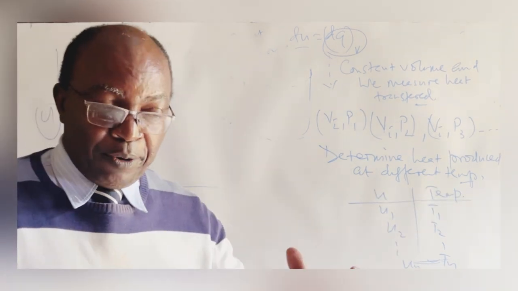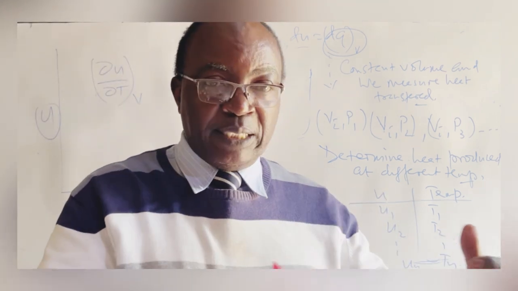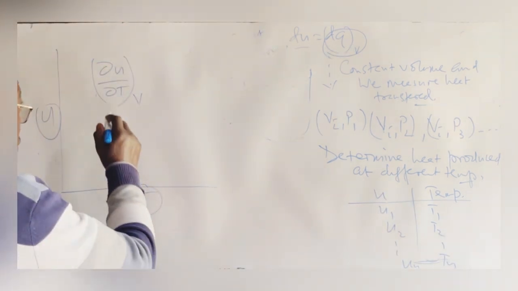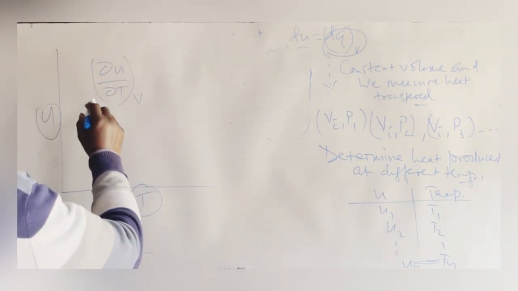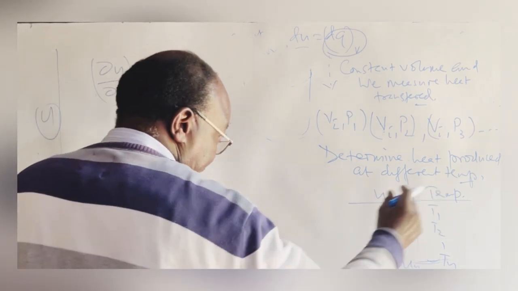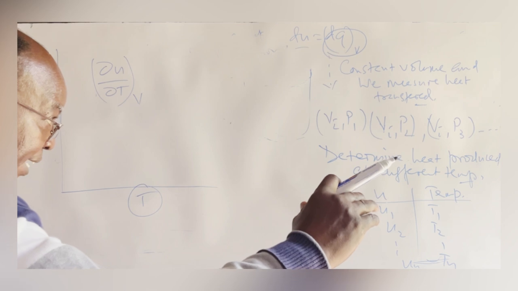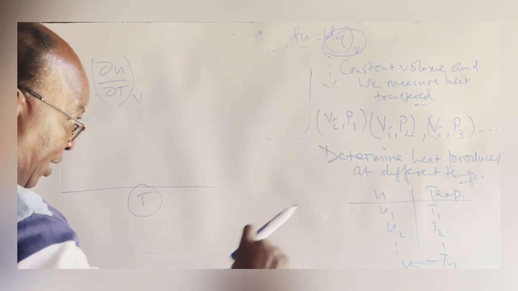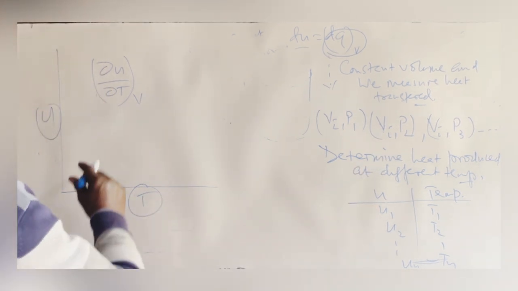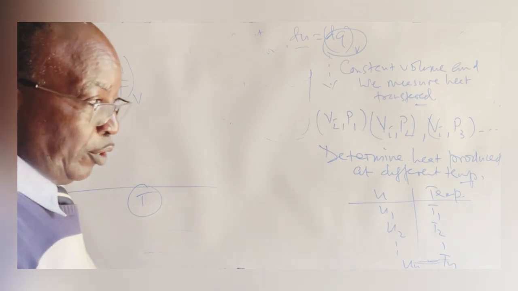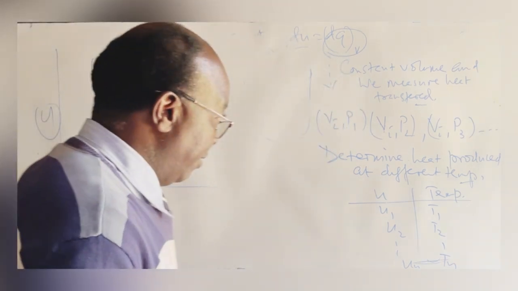Compute how that internal energy varies with temperature from the slopes, U at temperature 1 versus U at temperature 2, how it varies with temperature. So you get that slope under constant volume, remember, under constant volume.